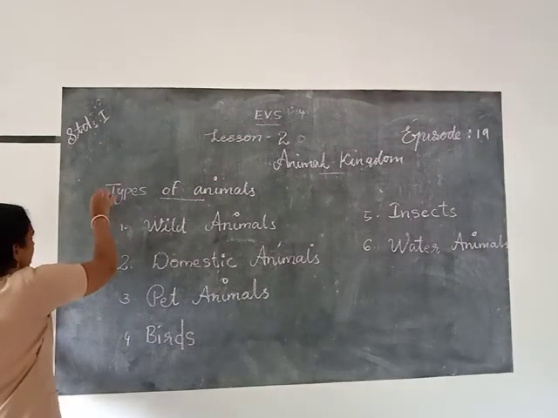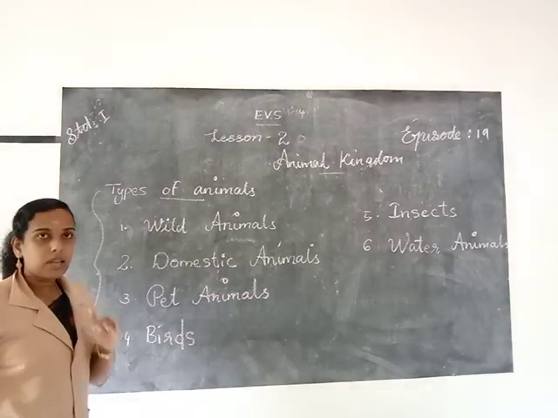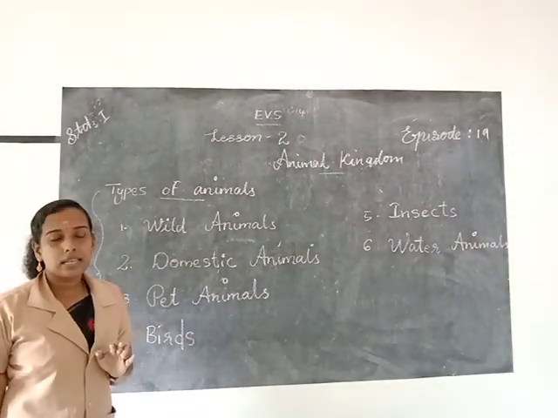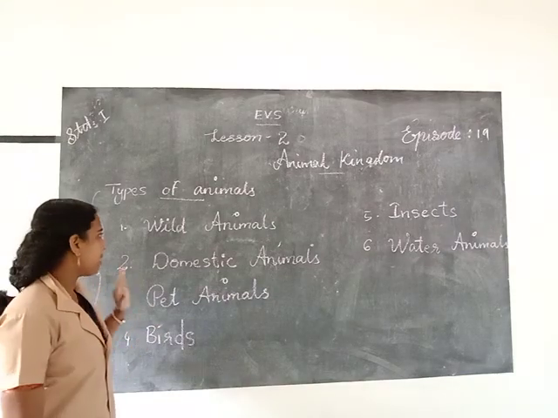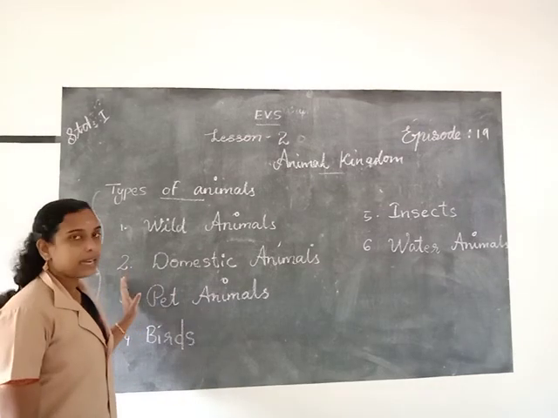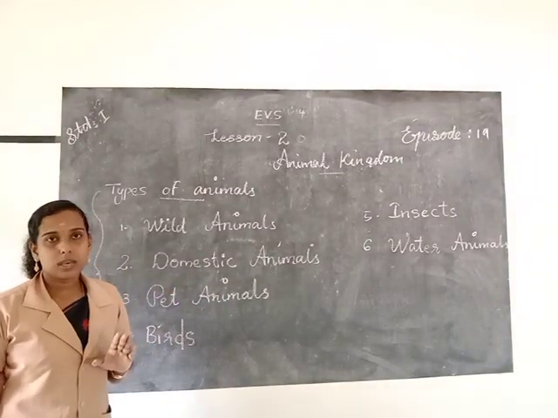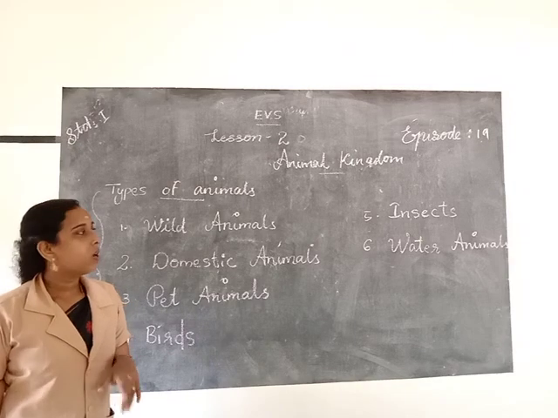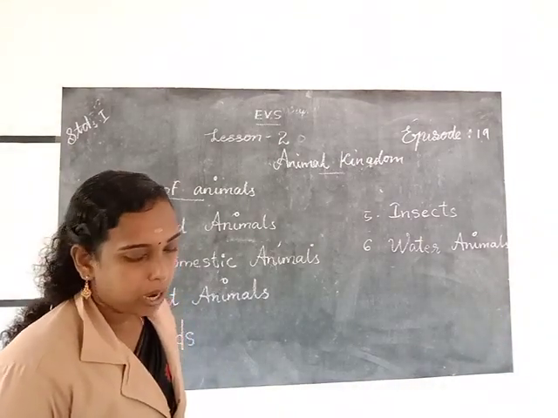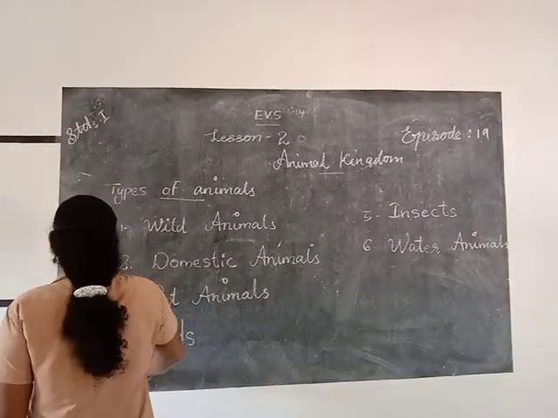So you just write the spelling of these types of animals in your class book 10 times and send to my WhatsApp. Write these words 10 times in your class book and study the spelling very well and send to my WhatsApp. Do you understand? Okay. Then we are moving to study about each type of animal.